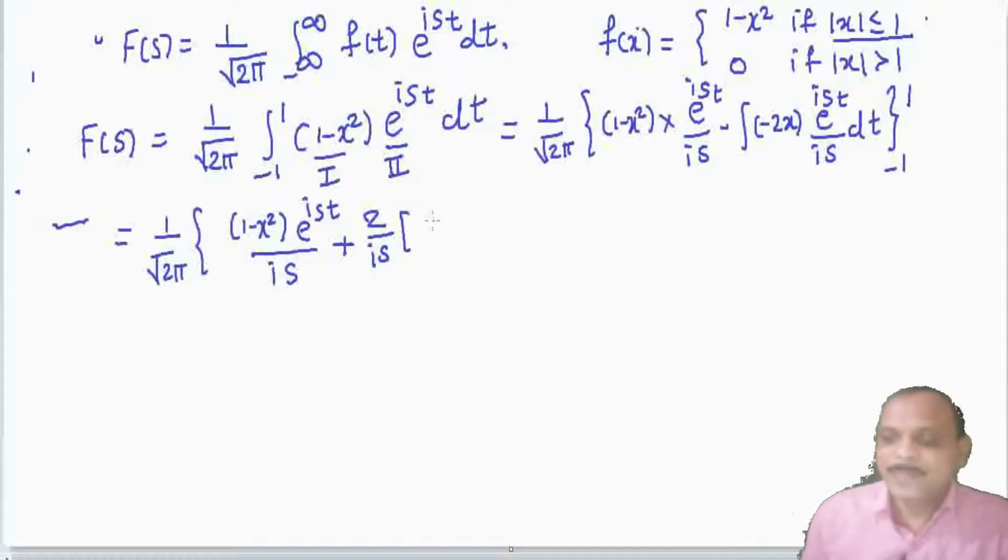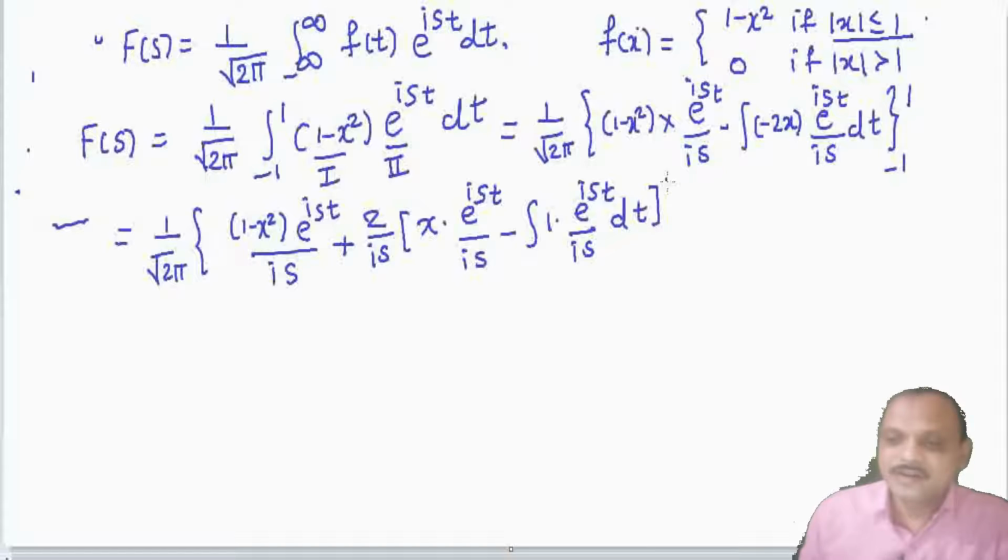Now again we have x, so we again apply the rule: x into integration of the second function, e raised to ist divided by is, minus the integral of the derivative of the first into integration of the second divided by is, dt, between minus 1 to plus 1.